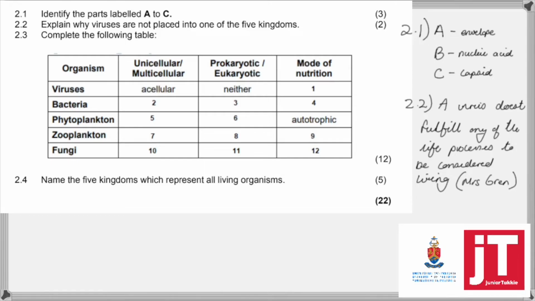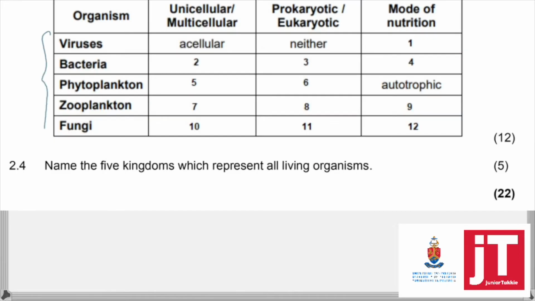Moving on to question 2.3, we're going to be completing this table, and if we move on to the next slide, we can see that the table has two particular variables over here, actually a few more, but we're going to be looking at the first column, and then the first row at the top. So the organisms that we're referring to here are viruses, bacteria, phytoplankton, zooplankton, and fungi, and we're going to be looking at whether or not they are unicellular, multicellular, prokaryotic or eukaryotic, and their mode of nutrition.